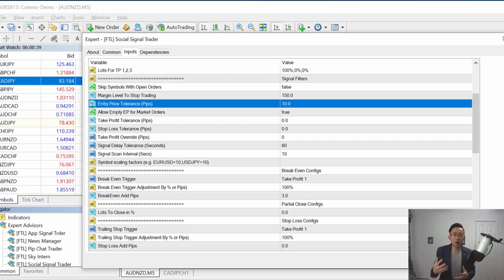If it's beyond that, it will not, because it will consider the signal to be late. Why would the suggested entry be so different from the market price? So this 10 pips is the difference between the entry price and the market price. I set it to 10 so that if the market price is 10 pips away from the entry price, you don't want to take the trade signal.